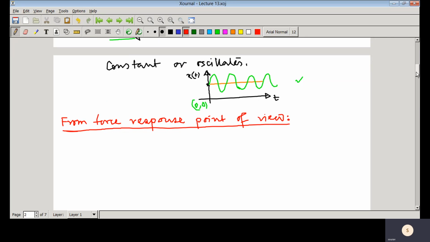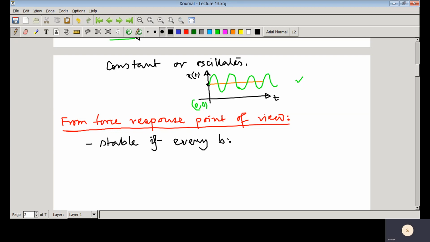One is stability, another one is instability. So the system is said to be stable, that means whenever some external input is applied to that system, the system is said to be stable if every bounded input gives a bounded output.